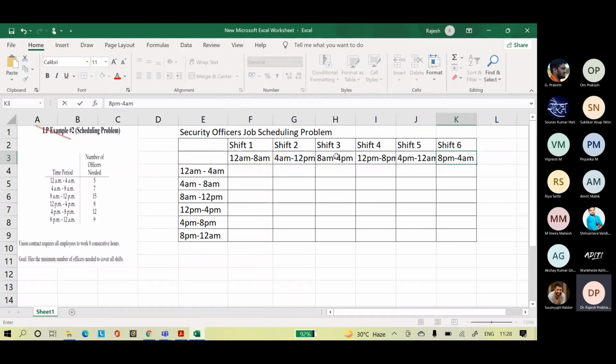So one shift is 8 hours. Got it, participant? Yes, sir. And then you also need to have the number working for that shift.